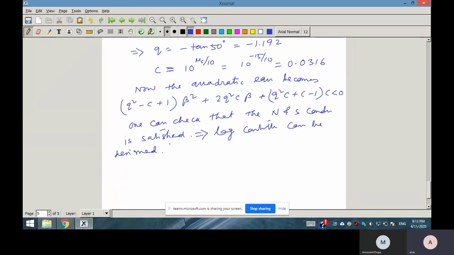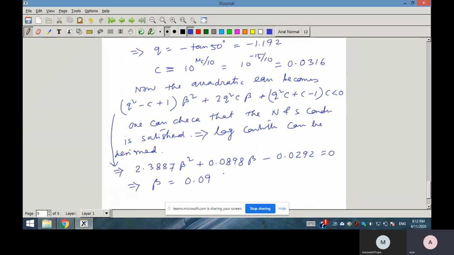If you put the data of q and c, then your ultimate equation will come out like this: 2.3887 beta square plus 0.0898 beta minus 0.0292 equal to 0. The valid solution will be 0.09.